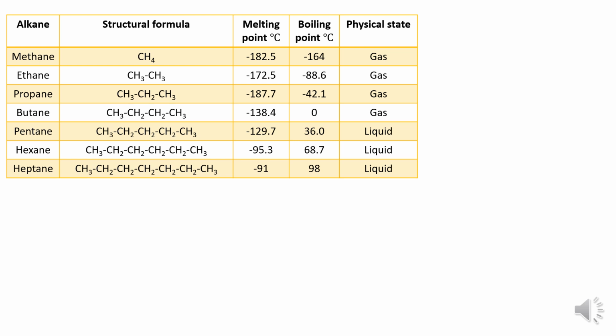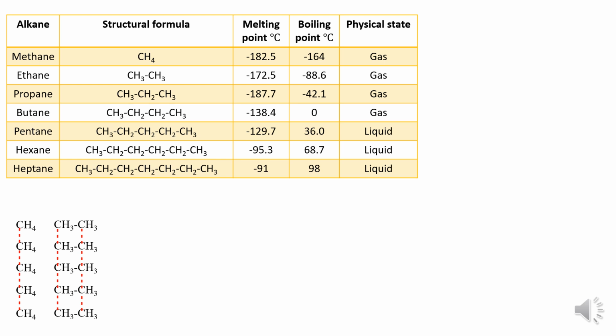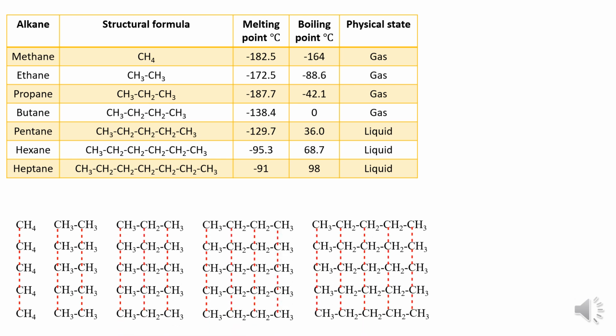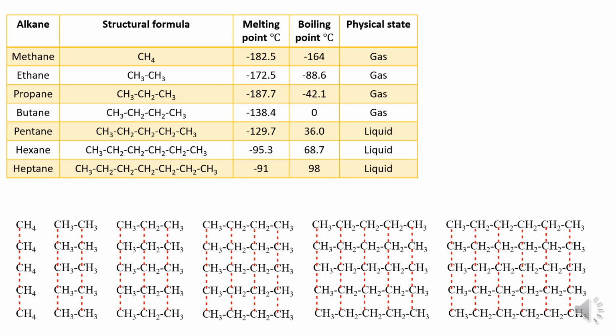So methane, ethane, propane and butane are gases at room temperature, while pentane, hexane and heptane are liquid in nature. As the carbon chain increases, the number of intermolecular forces also increases.